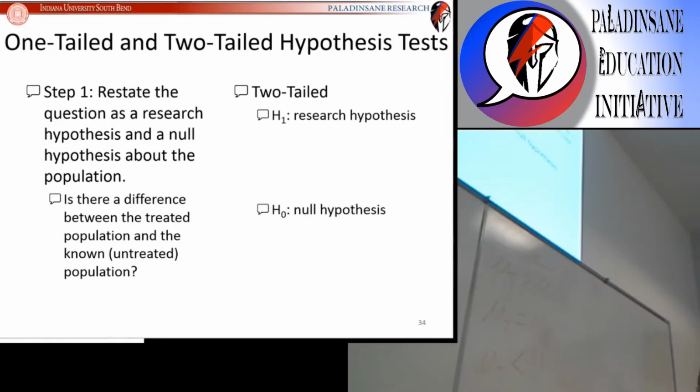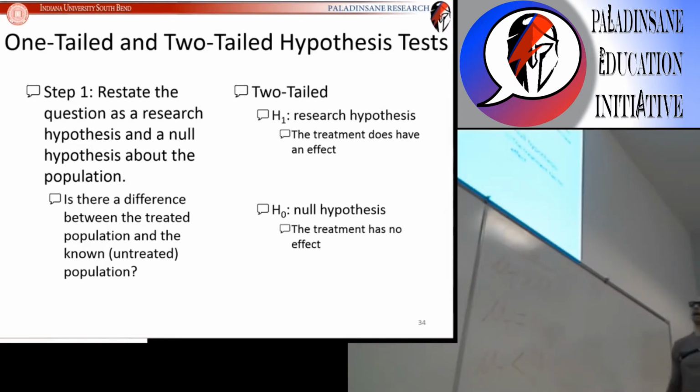The research hypothesis is that the treatment does have an effect, and the null hypothesis was that the treatment had no effect. The research hypothesis was written as your treated population does not equal your untreated population. And that covers this situation here.